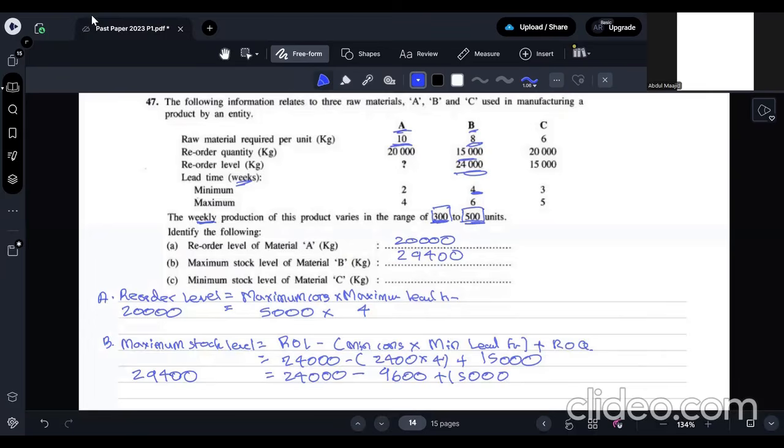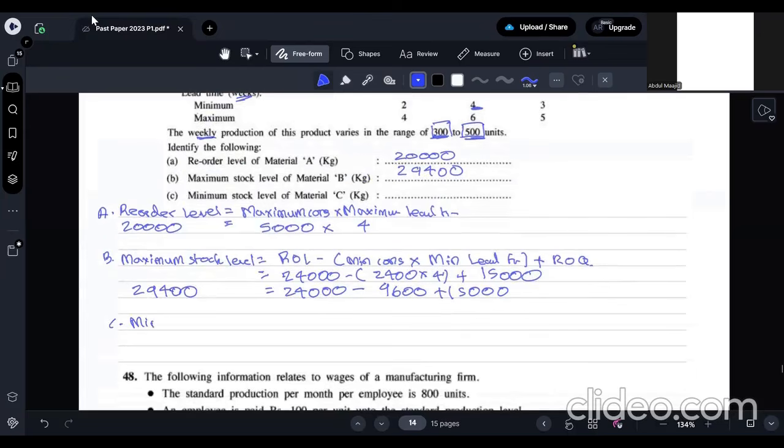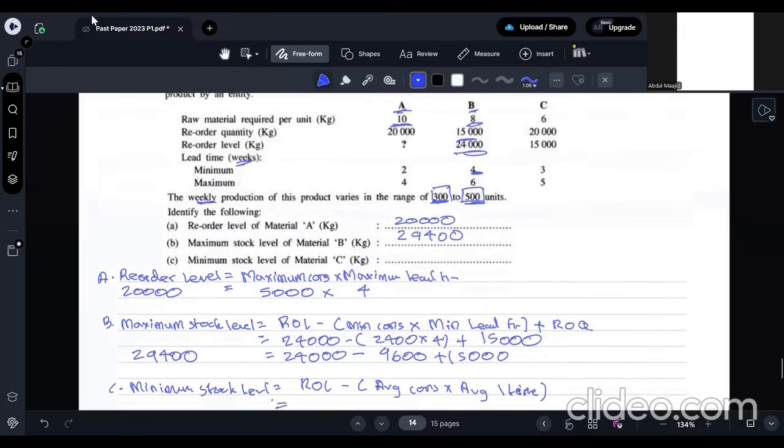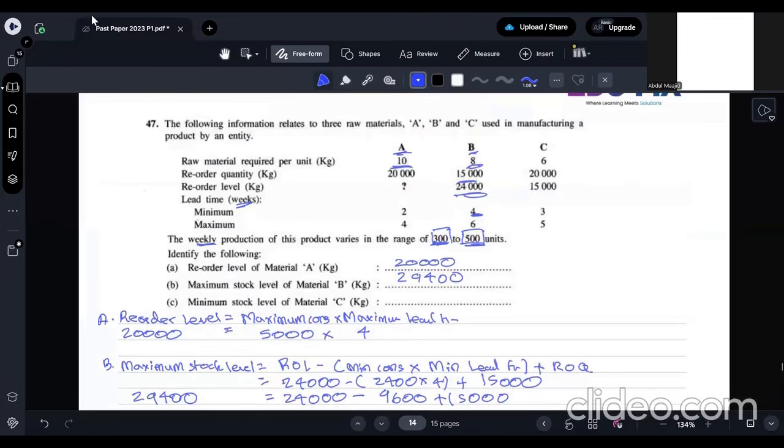29,400. The minimum stock level of material C. Minimum stock level equals reorder level minus average consumption into average lead time. Reorder level of material C is given as 15,000 units minus average consumption. See, average production will be 300 plus 500 divided by 2.